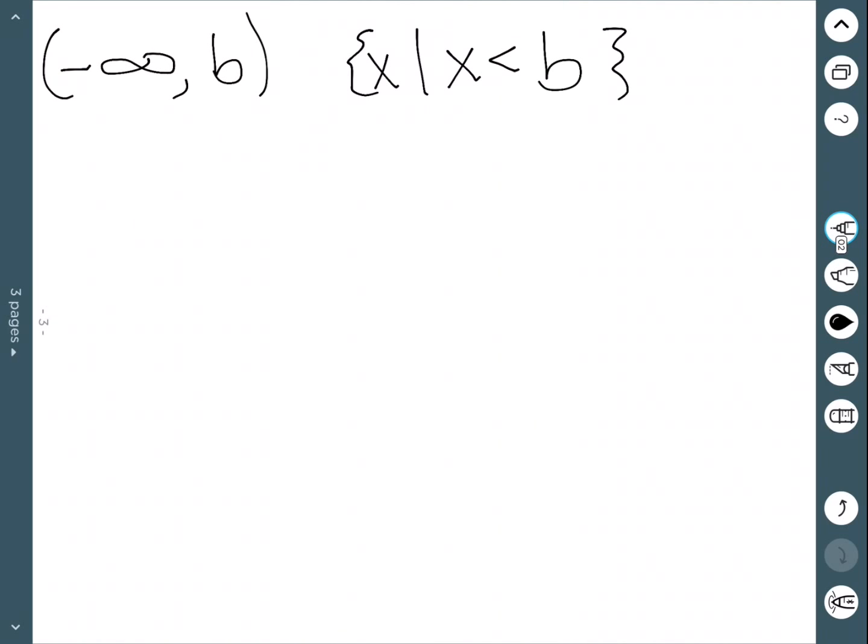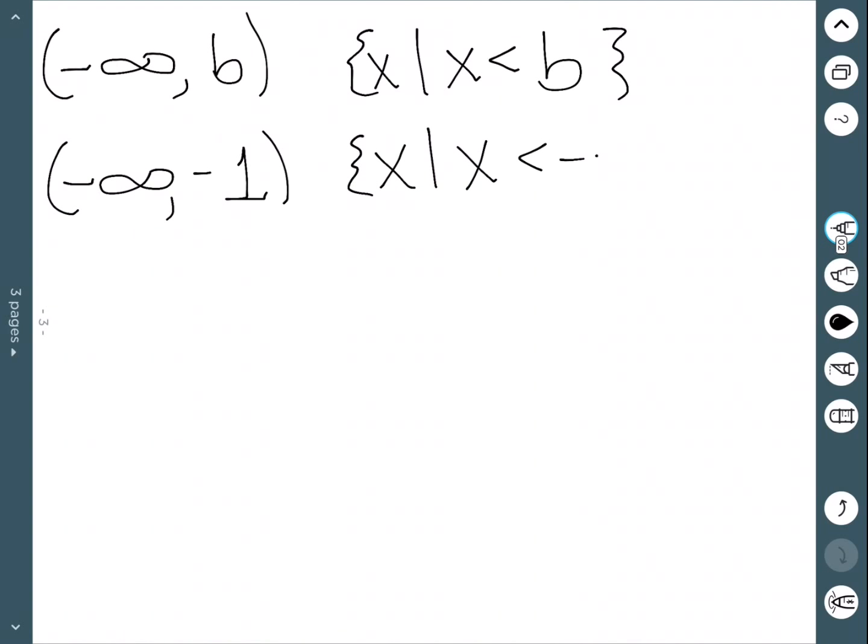The opposite of this would be the interval negative infinity to b. This is the set of all x such that x is less than b. As an example, negative infinity to negative 1. This is the set of all x such that x is less than negative 1.